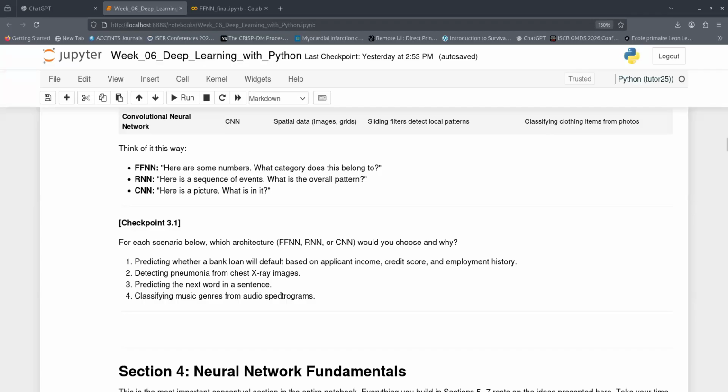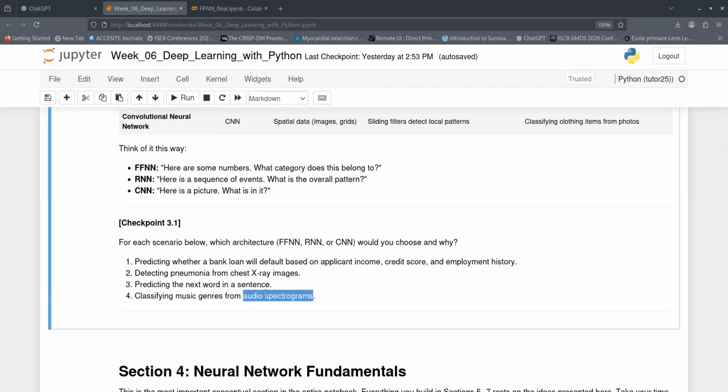Why RNN? Because I think the audio spectrogram contains patterns. So being able to classify them based on the patterns of the genre of music, the audio patterns that the spectrograms will reveal, that's why I believe the RNN would be the most appropriate.